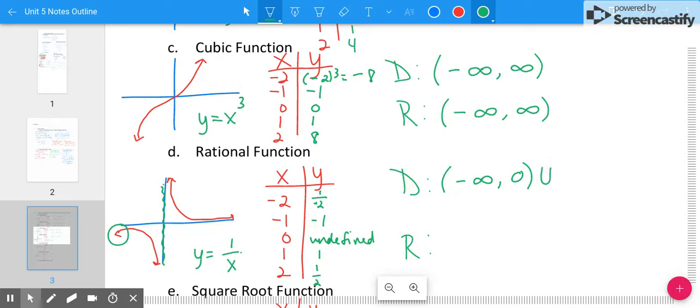We're going to add another interval from 0 to positive infinity. And range-wise is actually the same thing, because the arrow pointing downward means negative infinity. But then there's a horizontal asymptote because our x-axis also does not get touched. So we went from negative infinity to 0, we'll union, and pick up after 0 and continue up to infinity.